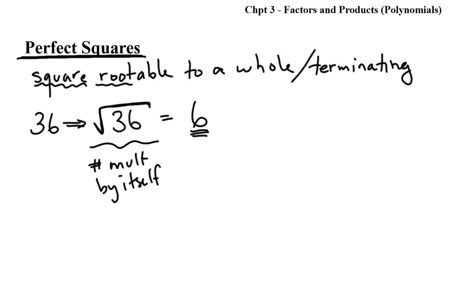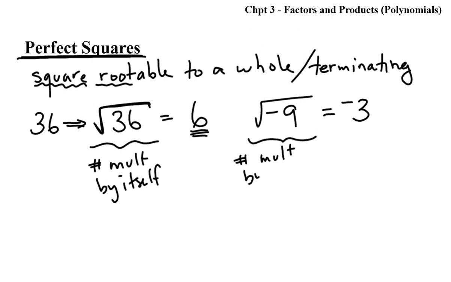Now you have to be careful. We're going to have to memorize some, but at the same time, there are certain situations you need to be aware of. A popular one would be something like square root of -9. A lot of people say, oh, that's going to be -3. But it isn't, because a square root is asking for the number multiplied by itself.